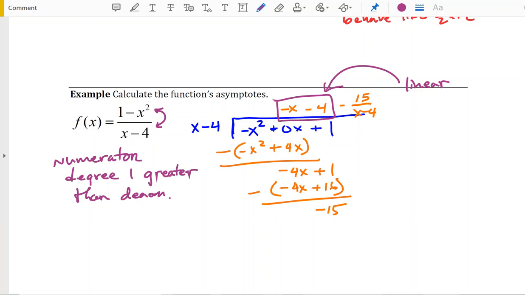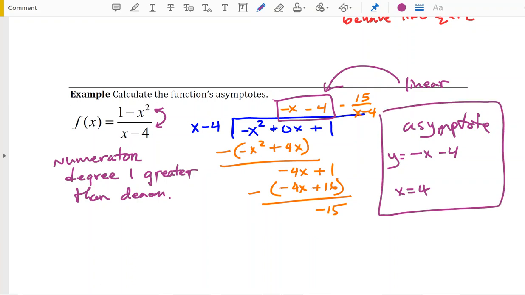That's going to be a way to maybe start thinking about those nonlinear asymptotes, but we're not too concerned with those here. So we have an asymptote that is oblique at negative x minus 4. We do want to also check to see our vertical asymptote, and we do have a vertical asymptote at x is equal to 4. And so those are the two asymptotes for this particular graph.